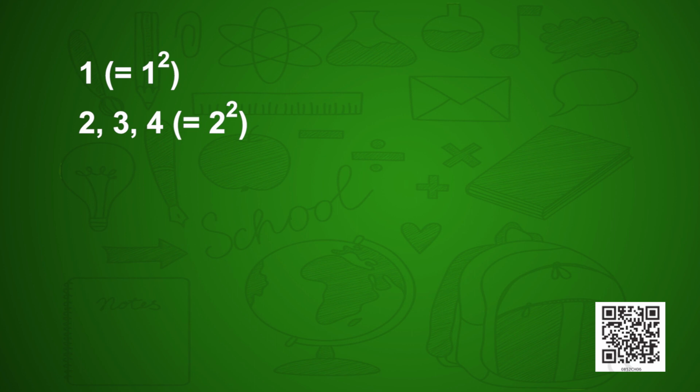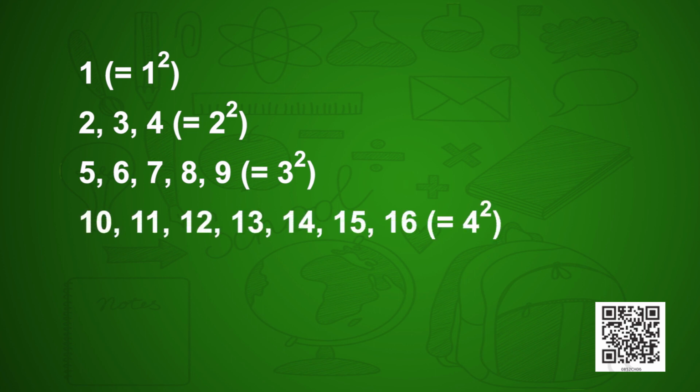After 1, we have the numbers 2, 3 and 4, but we know that 4 is nothing but 2 square. And then after 4 we have 5, 6, 7, 8 and then comes 9, which is our 3 square. Similarly, you proceed on, we get 10, 11, 12, 13, 14, 15, then comes the next square number, which is 16, which is nothing but 4 square.